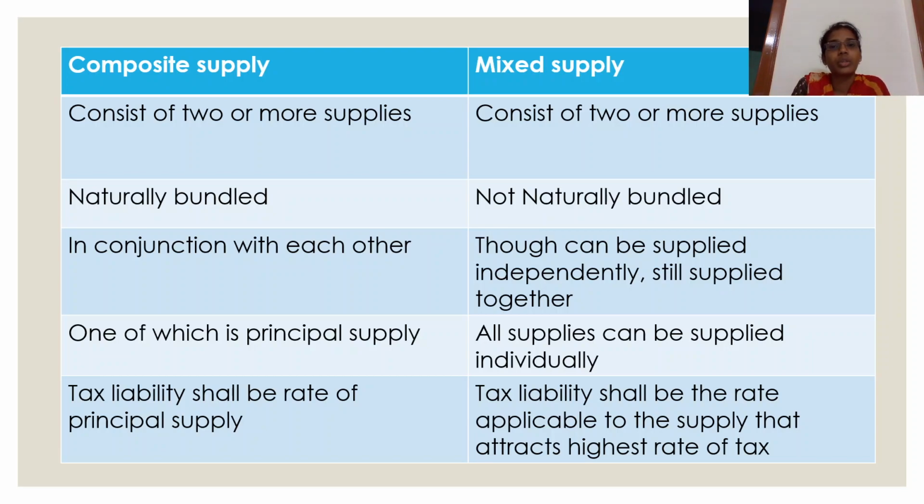If the machinery attracts 18% GST and the transportation insurance and other things attract 5% GST, the GST rate of the machinery would be applicable.